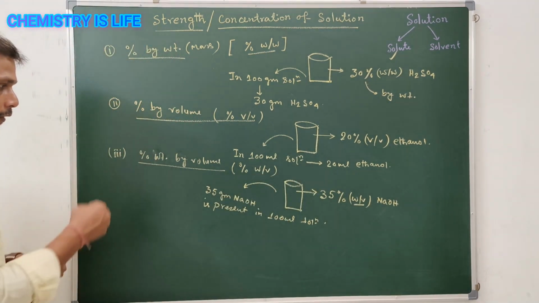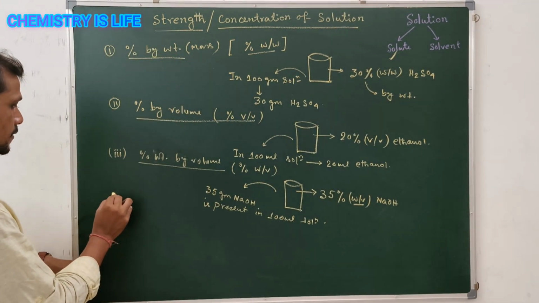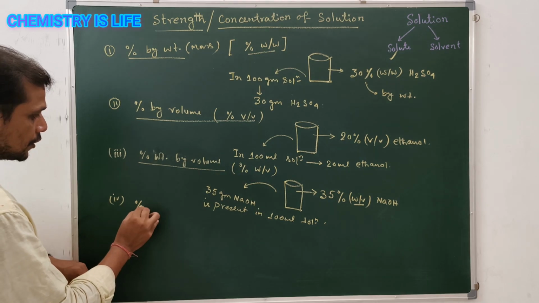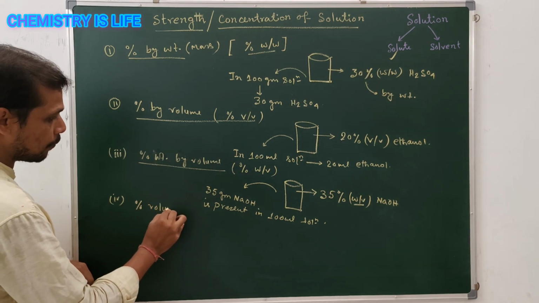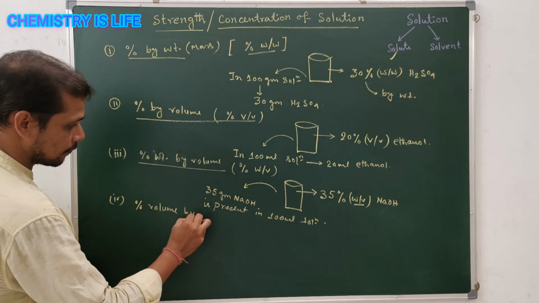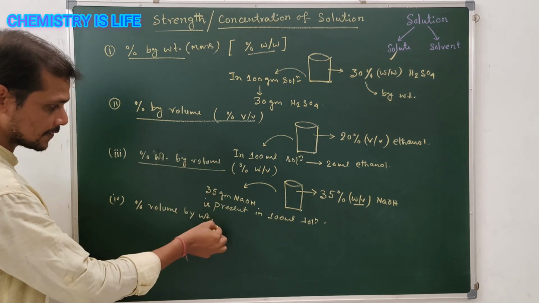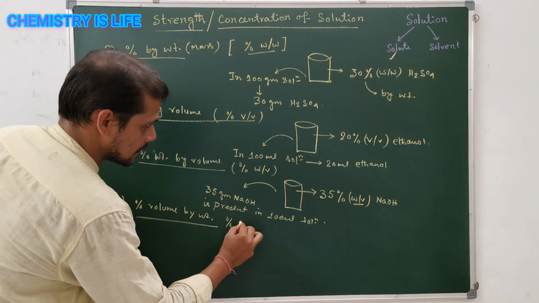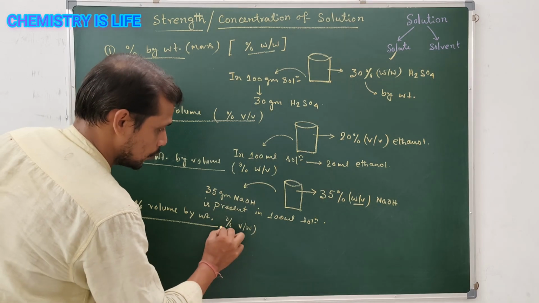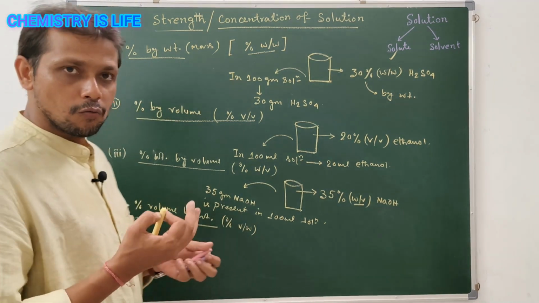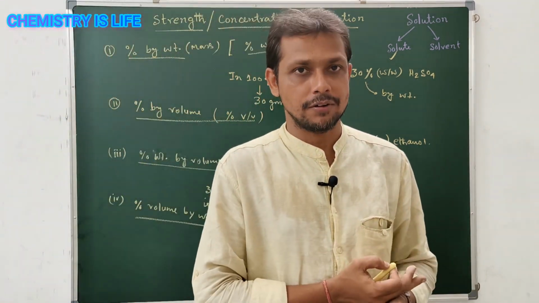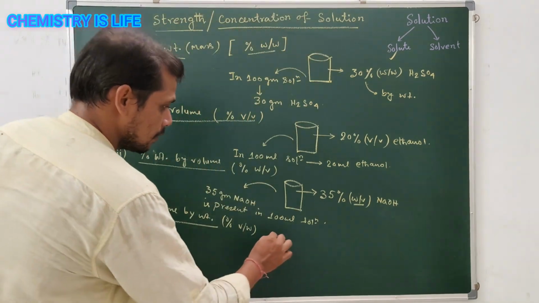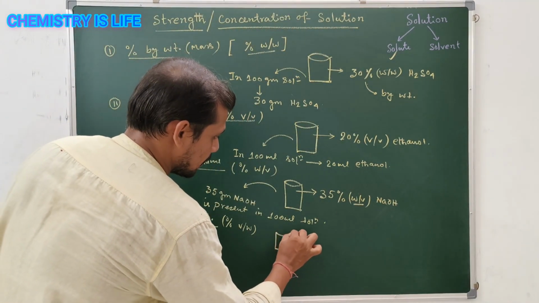Got it? And the next is percentage volume by weight, which is reverse of the previous. It will be written as percentage V by W, or it is called volume percentage by weight. So what does that mean? Let's take an example.